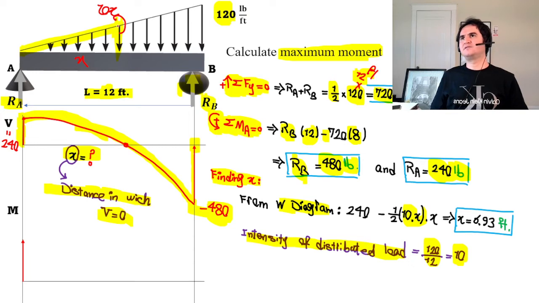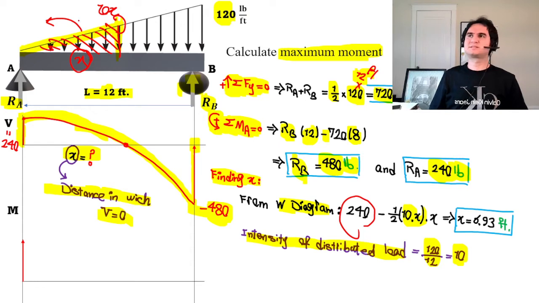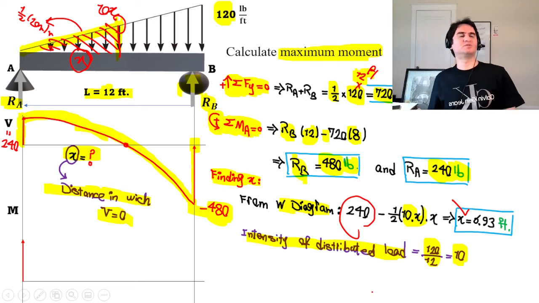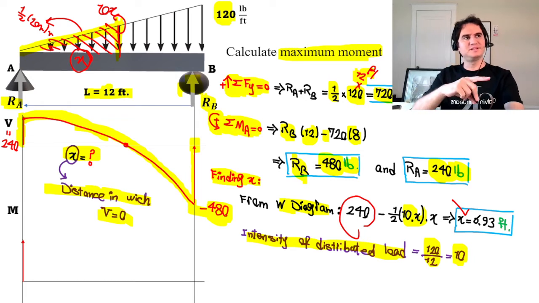If we want to calculate the area under the load, which is shear, we had 240 at the beginning of shear, minus the area under the load until reaching x, that's a half of 10x times x. You solve it for x, and it gives you x equal to 6.93 feet. As soon as we calculate x, we can calculate the area under the shear to get the maximum moment.